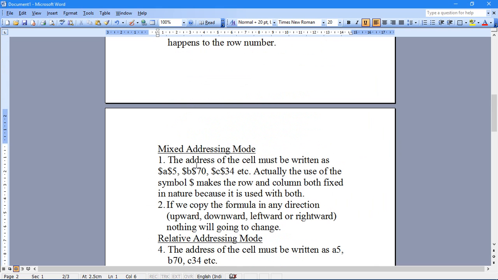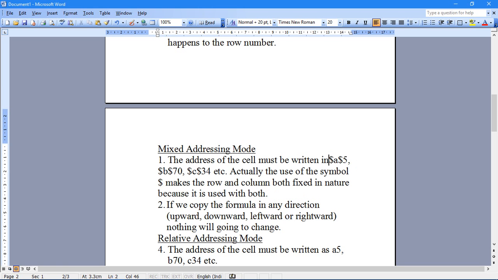In the mixed addressing mode, the address of the cell must be written in two ways.